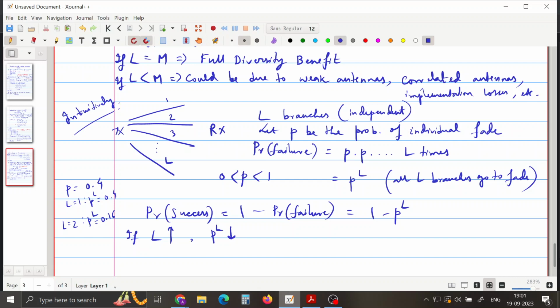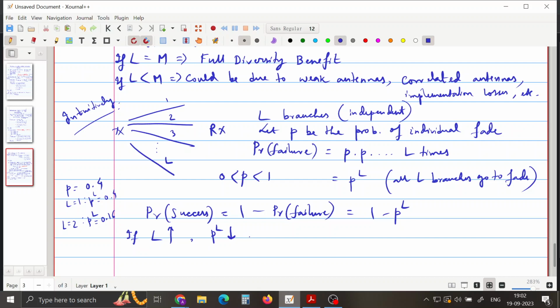So p to the power L, your probability of failure, goes down, and its complement, 1 minus the probability of failure, which is the probability of success, will go up and approach 1. That's the best case.